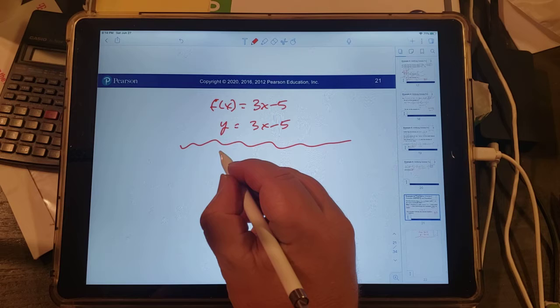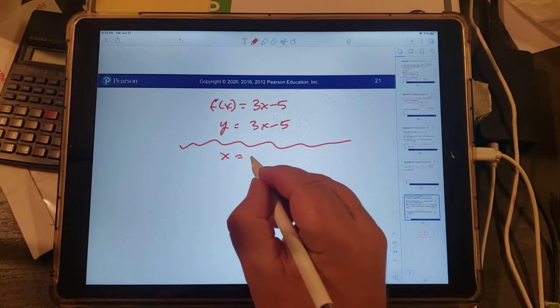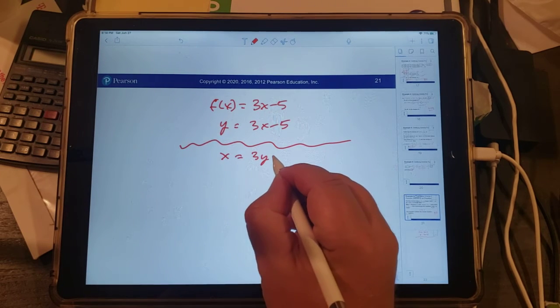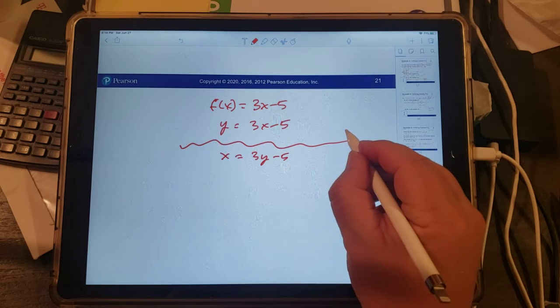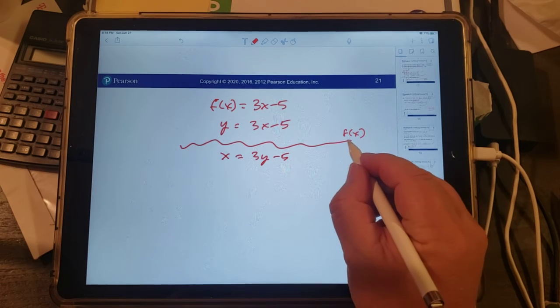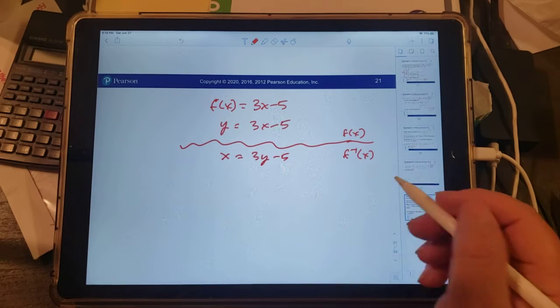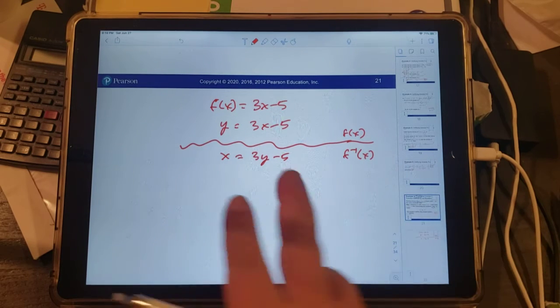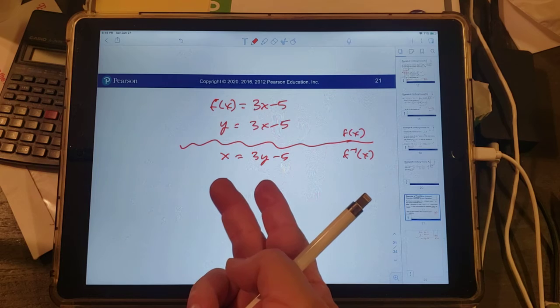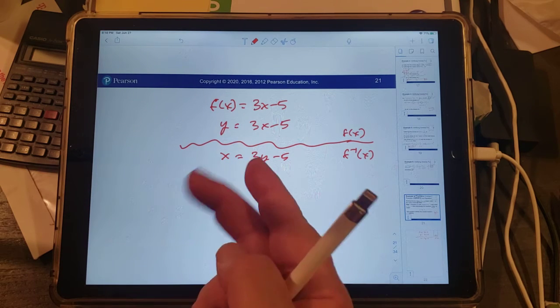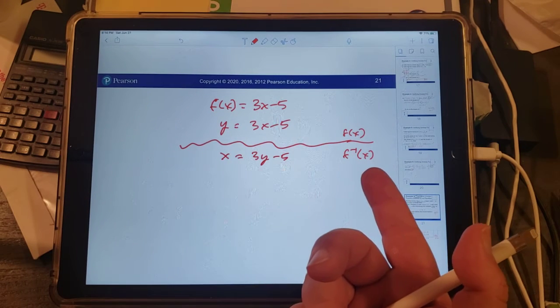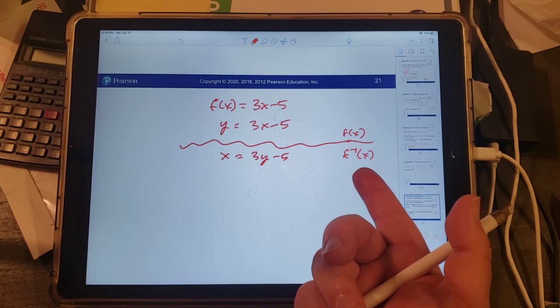Now I'm going to transform this equation, and something happened at that wall. Above this wall, I'm talking about f of x. Below this little wall, I'm talking about f inverse of x. I'm talking about the new function, because when I switch x and y, it's no longer the original function. Now it's the inverse function.